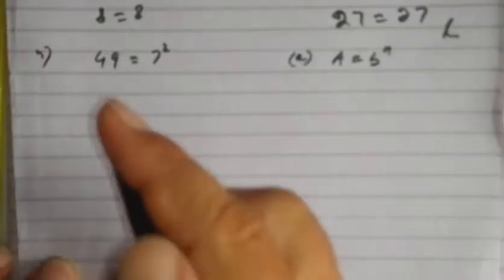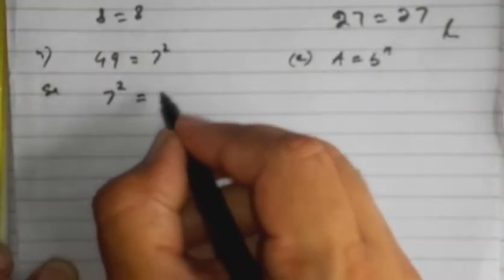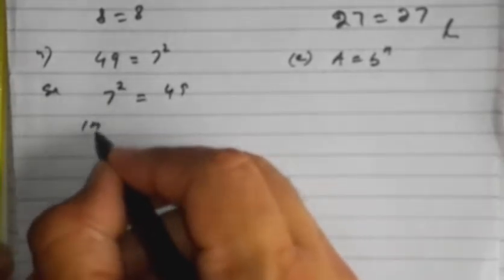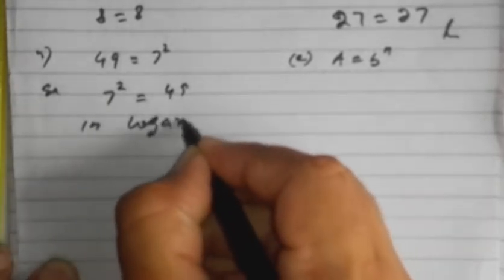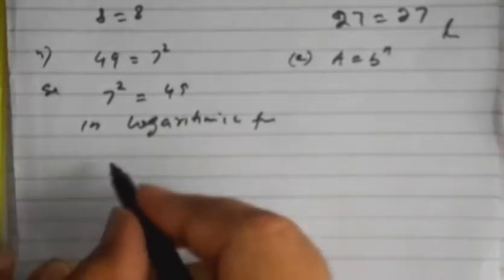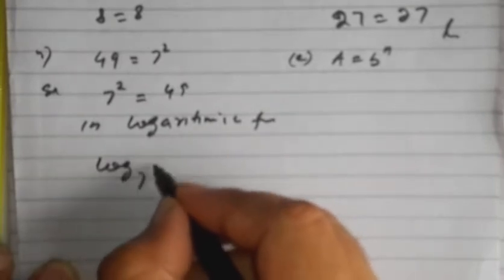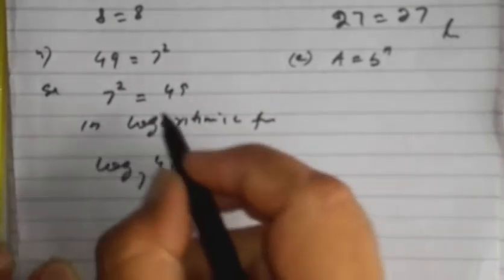Question number 4, 49 equals 7 square, write in the logarithmic form. So solution, we can write 7 square equals 49. In logarithmic form, it is written as log to the base 7 of 49 equals 2.